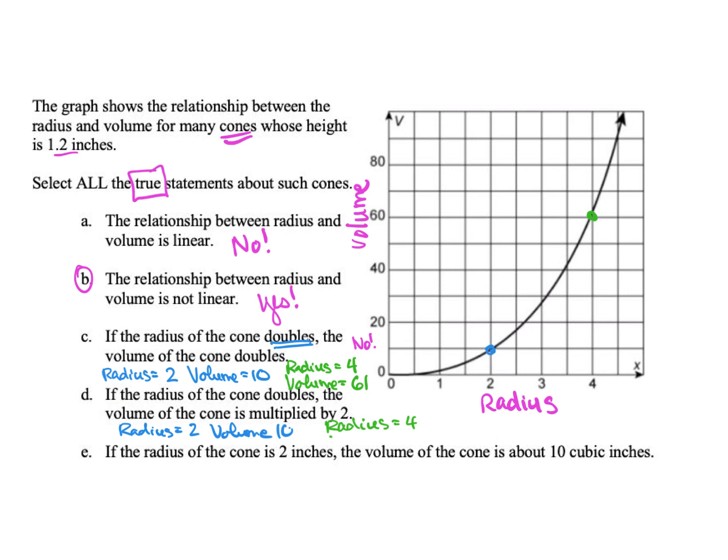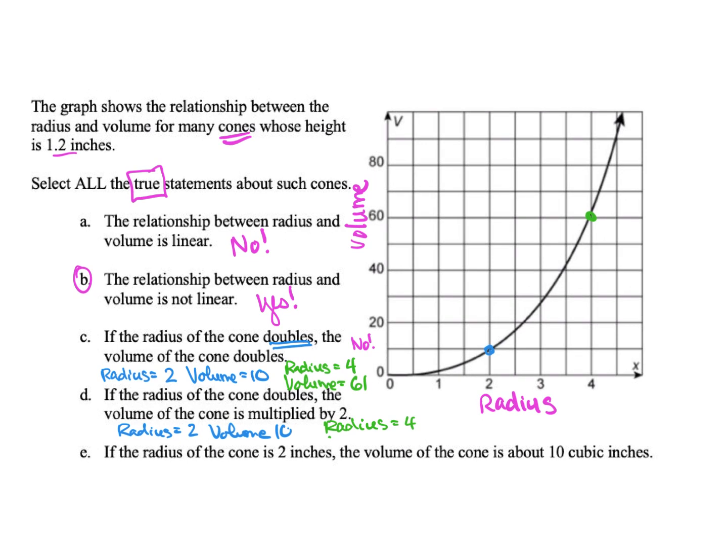The volume that went with that was 61. So it says that the answer should be multiplied by 2. So if the radius doubles, so that's 4, this should be multiplied by 2. Is that true? No, it's not. I'm going to put that in purple.